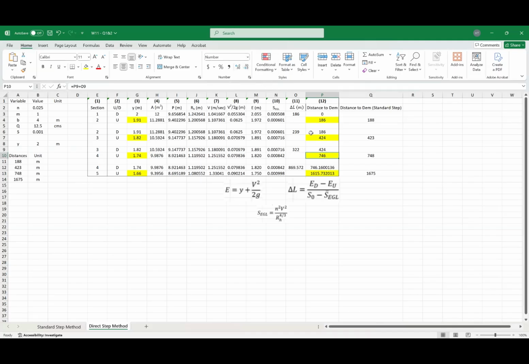And if you sum this value with this one, we will get 746. And finally, we will do these calculations, and it is going to give 870 meters difference from this section.